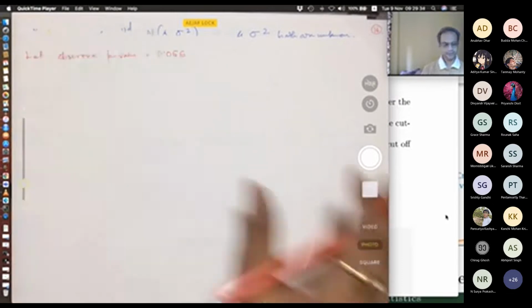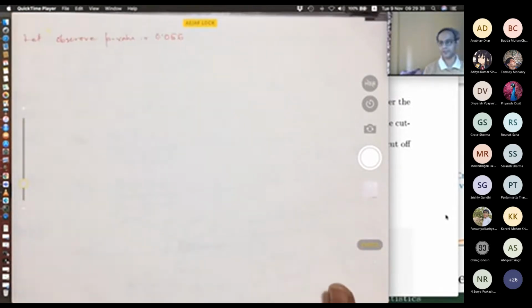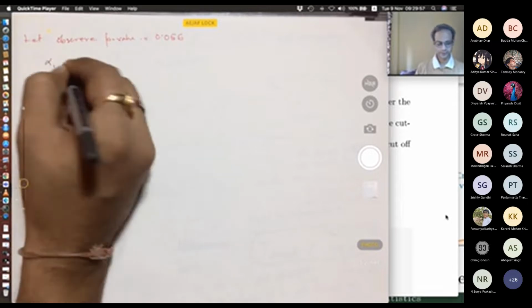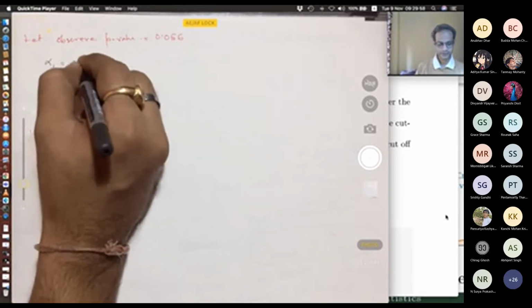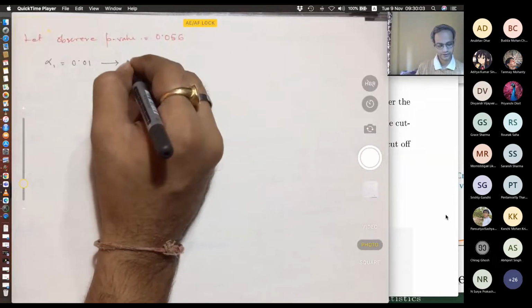Whatever may be the test and the test condition, the software has taken care of all of them: both-sided, one-sided, upper tail, lower tail. After considering all those things, the software has given you the p-value 0.056. Now you have the flexibility that if you choose, say, alpha as 0.01, then definitely you will not reject H0.